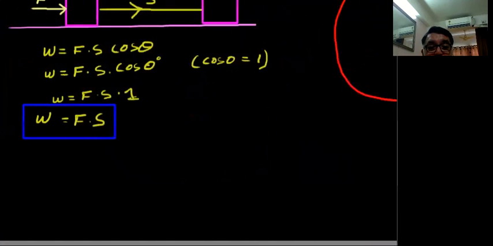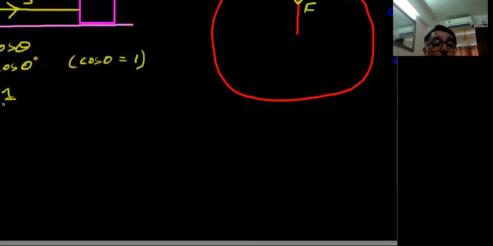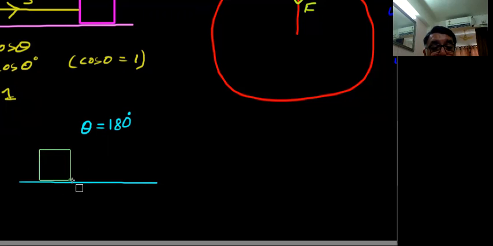Now let's look at the third case. I'm running out of space over here, so I'm going to write it down over here. Third case, we are going to say theta equals 180 degrees. Okay, so let's take our same example from earlier. We have a box lying on the ground.